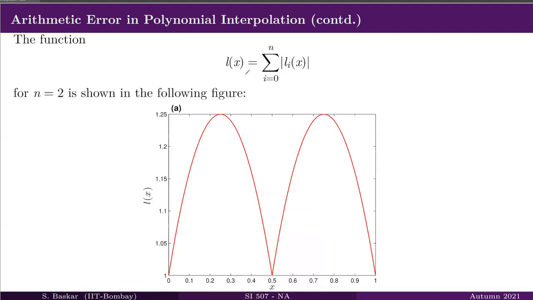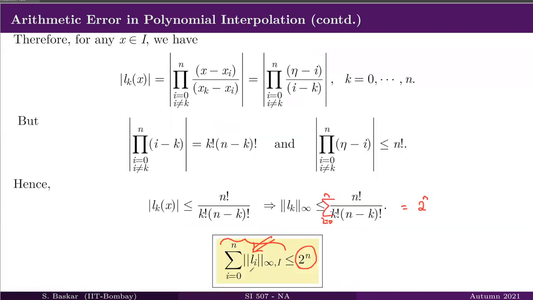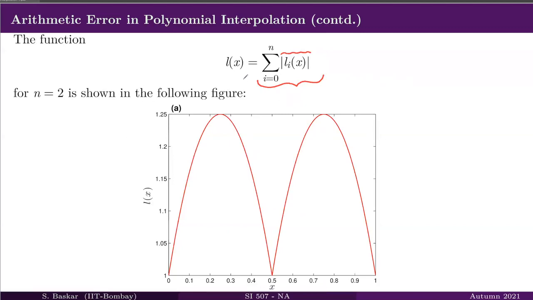So to confirm that, we will do a numerical experiment and see how this term is behaving with respect to n. So for that, what I'm doing is I'm considering this term. Remember, if I take the infinite norm of each of these terms, that is what is sitting here as the left hand side. So here, just to have a feeling of how this function behaves, let us give a notation for this as L of x, and let us see the graph of this function for some n.